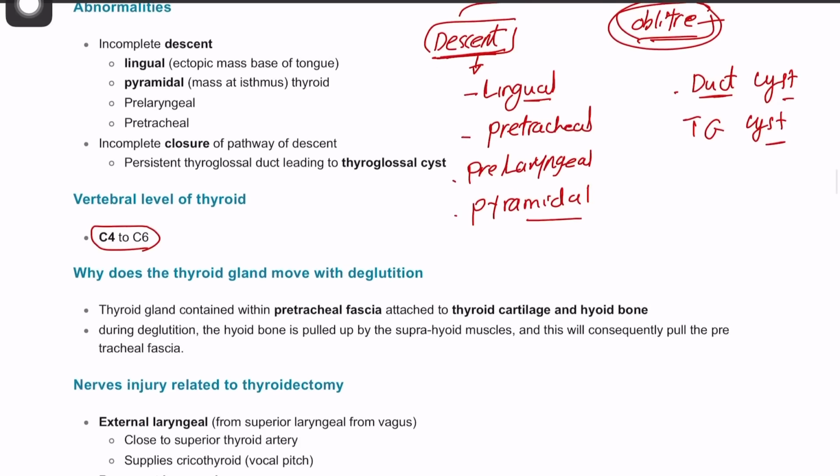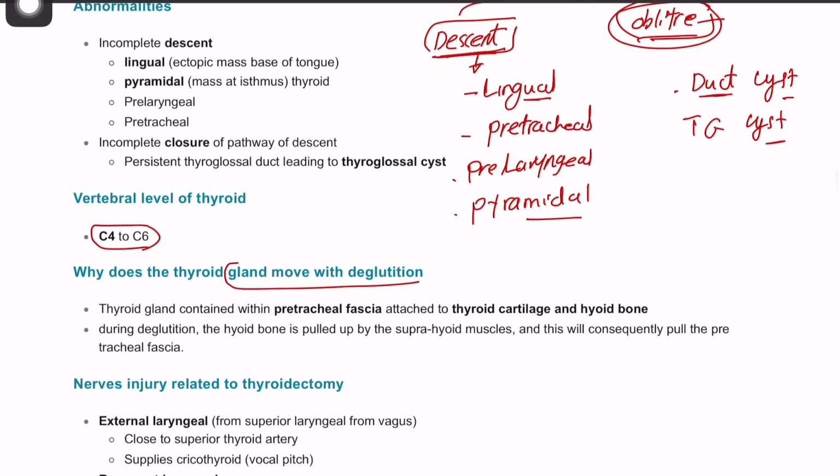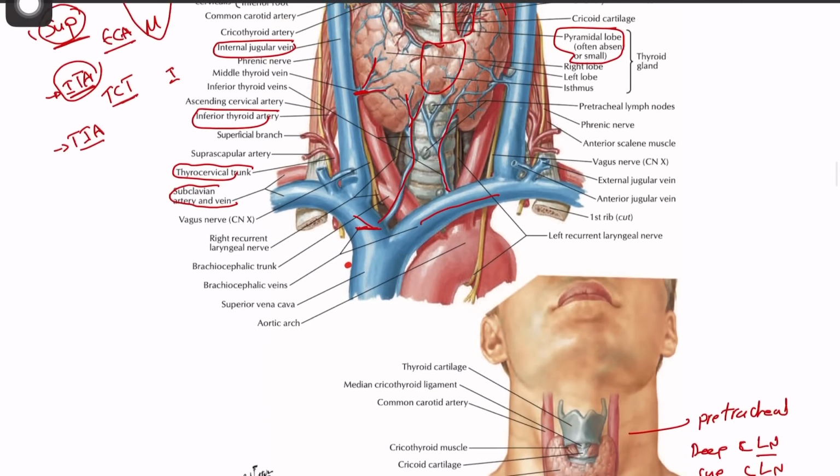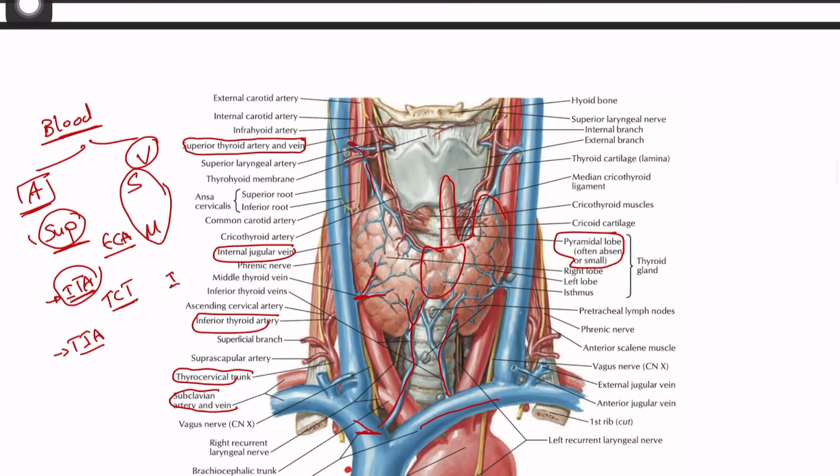And why does the thyroid gland move with deglutition? The thyroid gland is contained in the pretracheal fascia, and this pretracheal fascia is attached to the hyoid bone. Look here, this is the hyoid bone. There will be a fascia containing all of these structures attached to the hyoid bone.